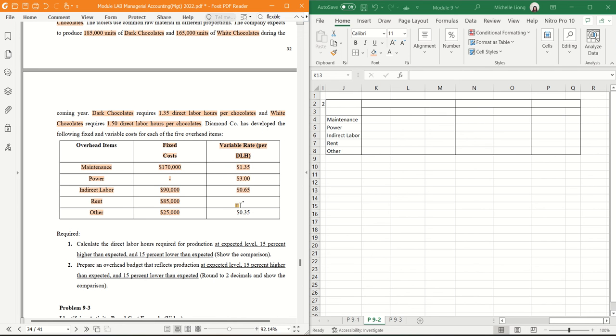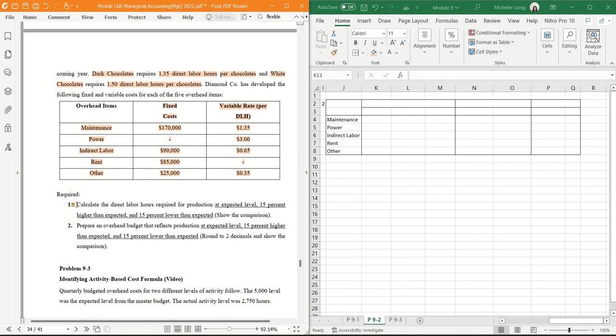And we're going to see the requirement. So we need to calculate the direct labor hours required for production. First one is at expected level, 15% higher than expected and 15% lower than expected, and show the comparison. The second one is to prepare an overhead budget that reflects the production at expected level, 15% higher and 15% lower.